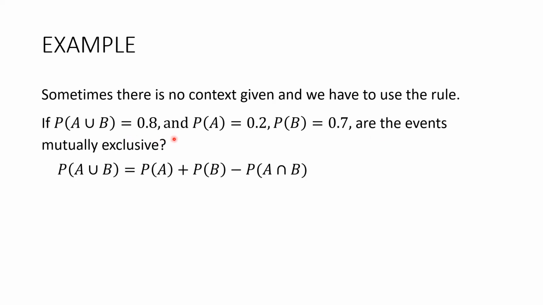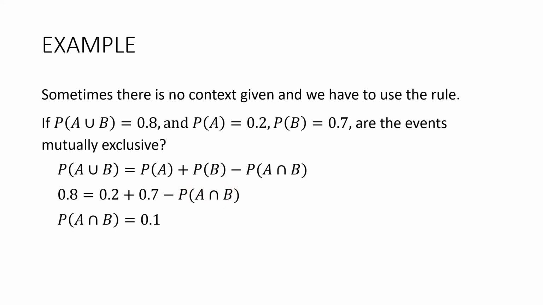We want to substitute these all in and see whether this intersection, the overlap between the sets, is equal to 0 or not. If it's equal to 0, they are mutually exclusive. If it's not equal to 0, they're non-mutually exclusive. Let's substitute the numbers in. Here we've got 0.9, so 0.8 is equal to 0.9, take away 0.1. This is not equal to 0. Therefore, the events are not mutually exclusive.